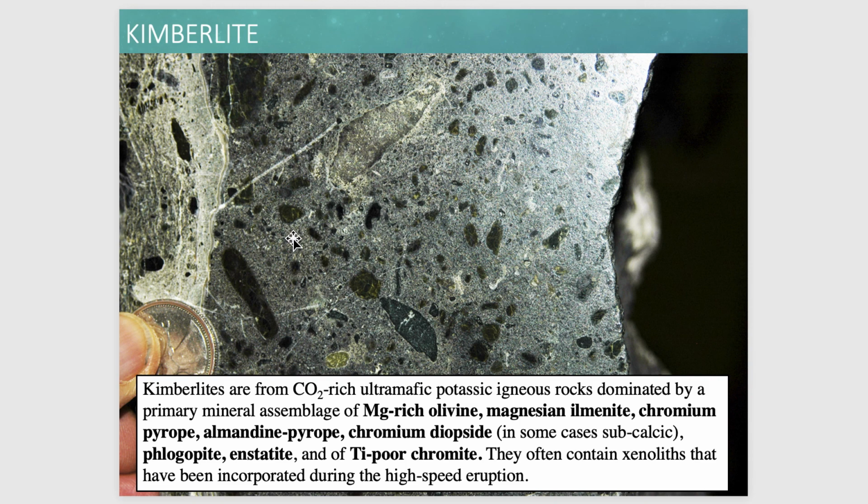Another diagnostic feature is the fact that you can recognize crystals of olivine or in some cases diopside, which will be a little bit darker in terms of the green. So the evidence of magnesium-rich silicates is also a good indication that you are dealing with a kimberlite.